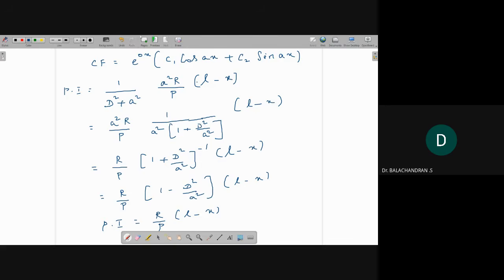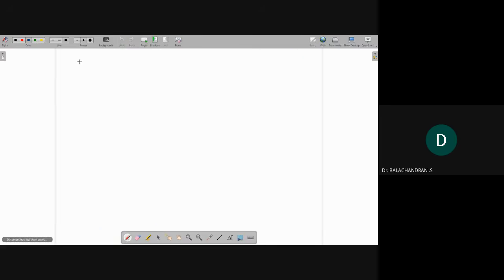So now the general solution is y equal to CF plus PI: c1 cos ax plus c2 sin ax plus R by P into L minus x.